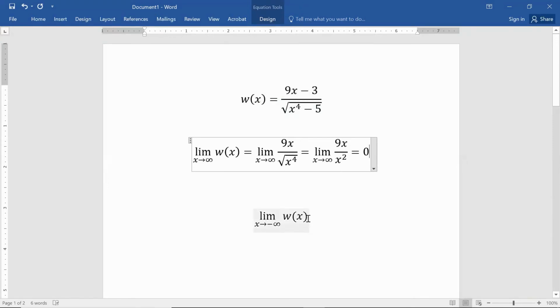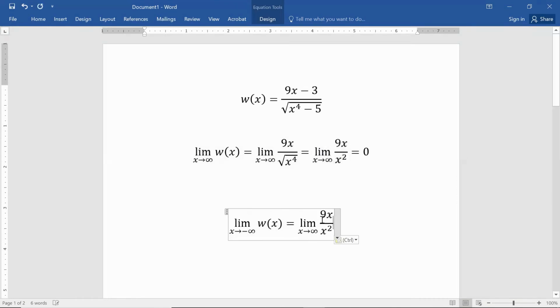The same thing holds true as x goes to negative infinity. We can do all of these same things. You can plug in negative infinity into this negative infinity to the 4th, you'll get a positive number, and then you're square rooting a positive. So it's going to be the exact same thing.